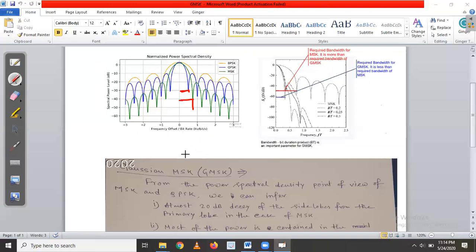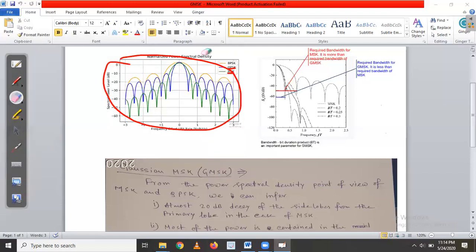For QPSK this width is less than that for MSK. So QPSK is more bandwidth efficient but less power efficient. That is a very important conclusion from this first diagram, and this is how we can compare QPSK and MSK.